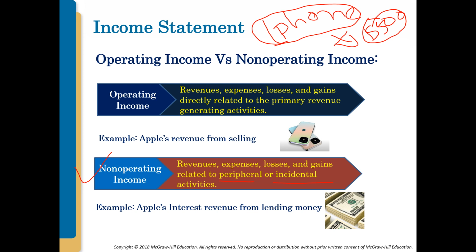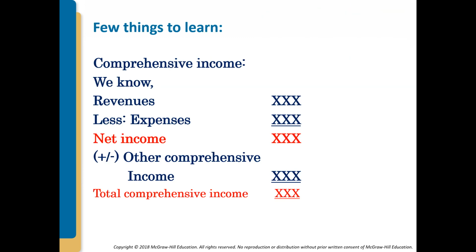Okay, so let's know about the comprehensive income. We know from our income statement concept that revenues minus all the expenses, meaning operating expenses, is equal to net income, and plus minus other comprehensive income, then we find the total comprehensive income.